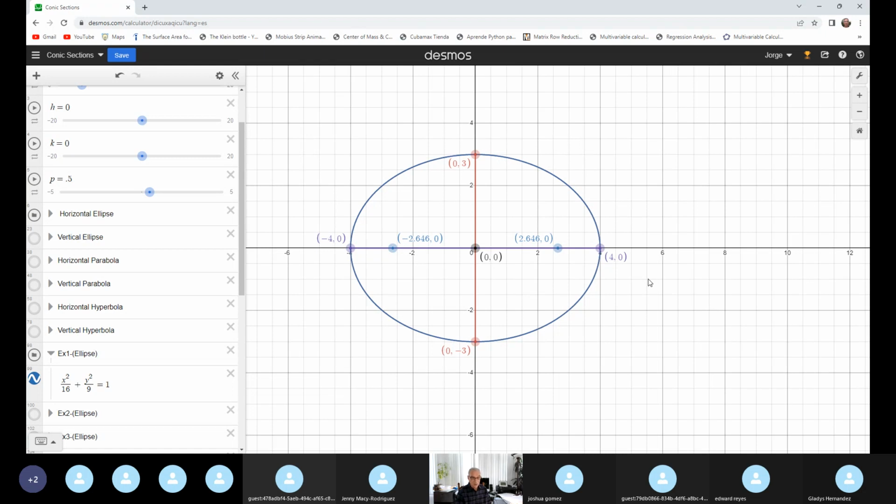Okay, so I would like you to take advantage of this script for any conic section that we have studied so far. Question? Nothing? Comment? No comment means you understand very well, no?